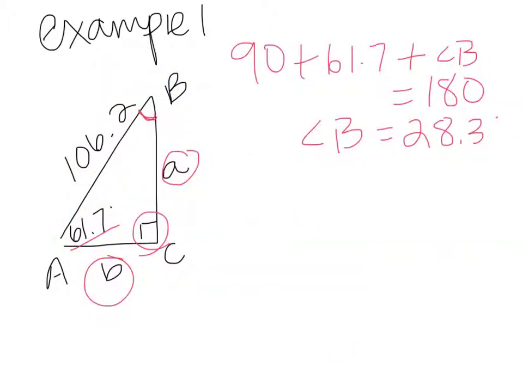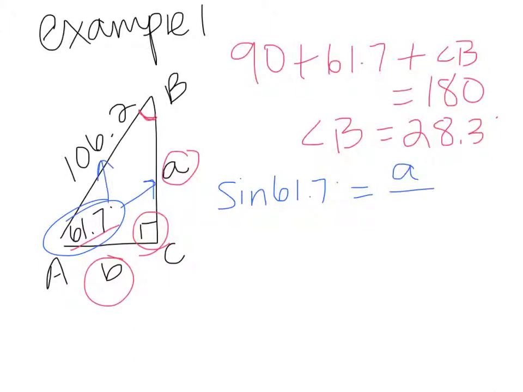So the sine of my angle that I'm talking about, 61.7 degrees, is the ratio of the opposite side, A, to the hypotenuse, 106.2.